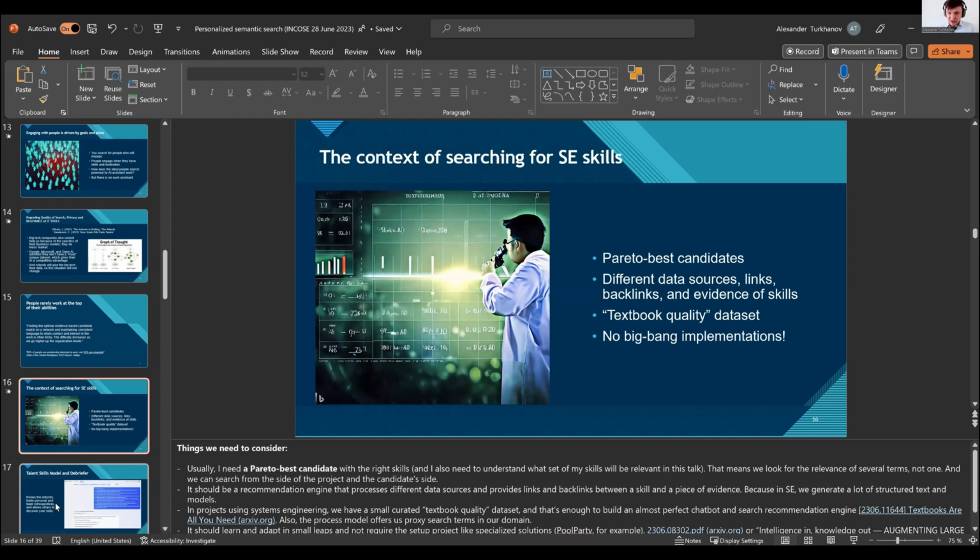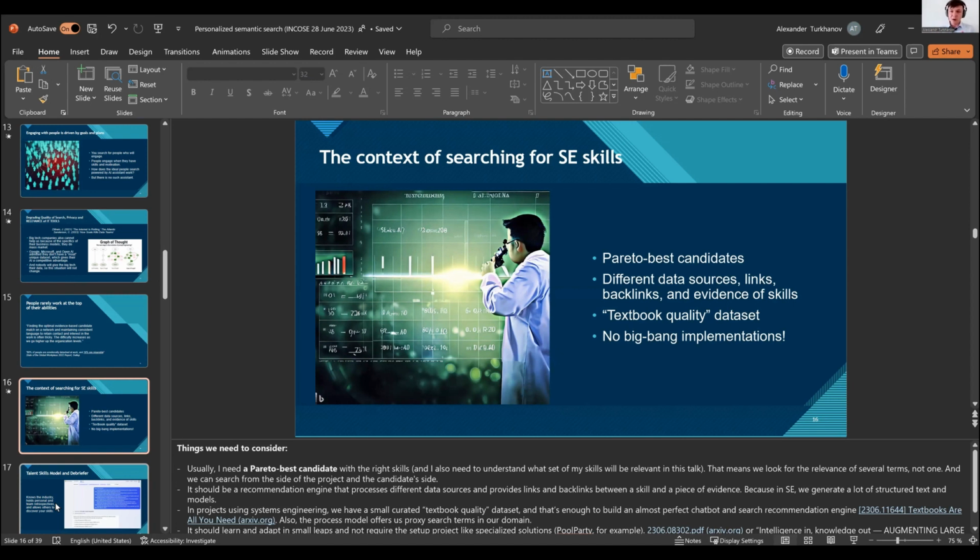What's very specific about the systems engineering field is that we have four factors that help us deliver a much better solution. We can find Pareto best candidates. A Pareto best candidate is not the one who is best at systems engineering, or best at requirement management, or best at project management, or best at systems architecture.